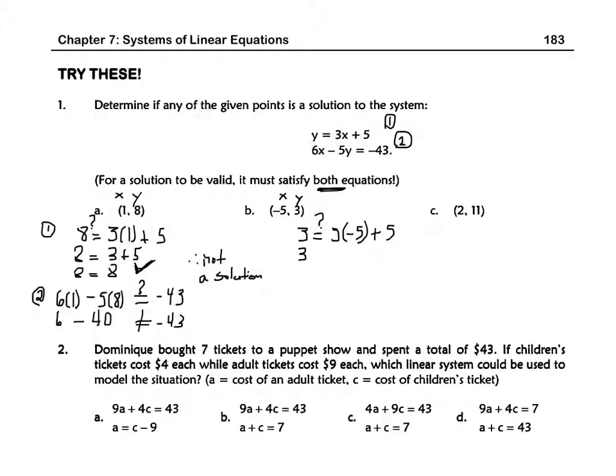On this side, it's negative 15 plus 5, which is negative 10, and 3 is not equal to negative 10. So you don't even need to bother to check in the second equation, because if it's not a solution in the first, it's not going to be a solution to the system. So therefore, not a solution to the system.